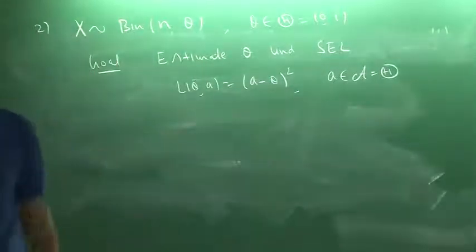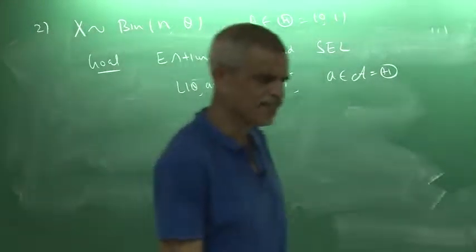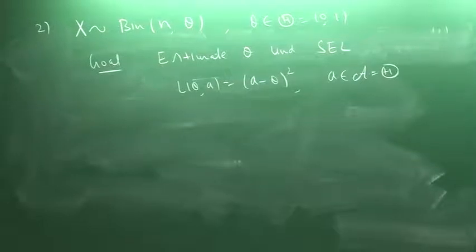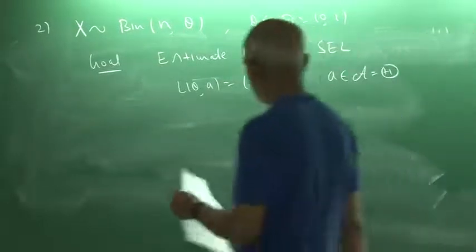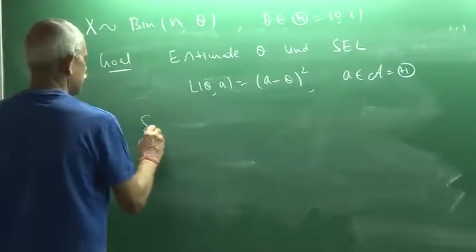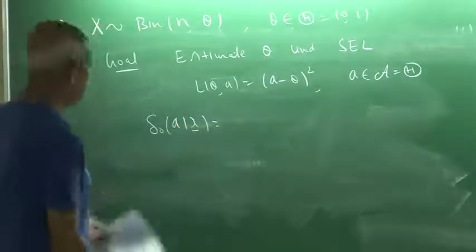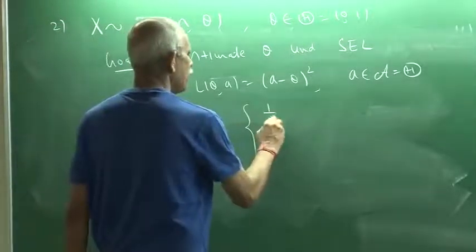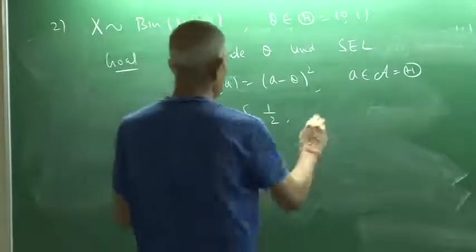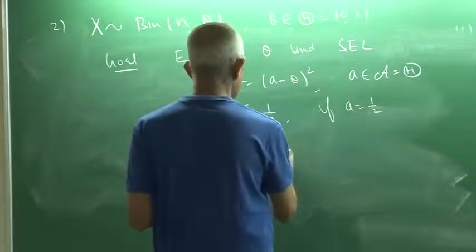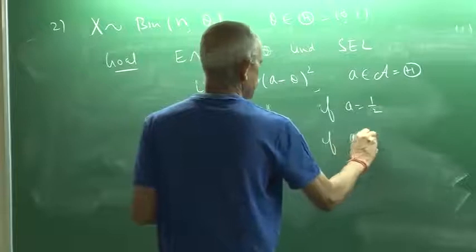So, your Xn space is same as the parametric space theta, which is the general scenario in any estimation problem. So, I consider a non-randomized estimator delta naught of A given x, which is half if A is equal to half, and x by n if A is equal to x by n.